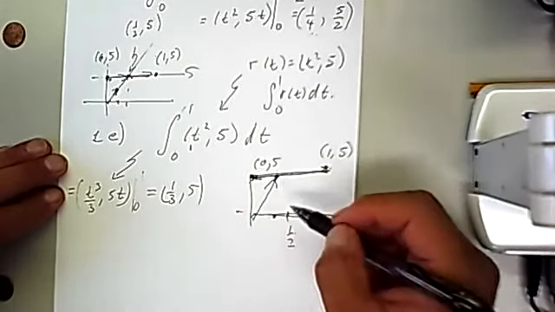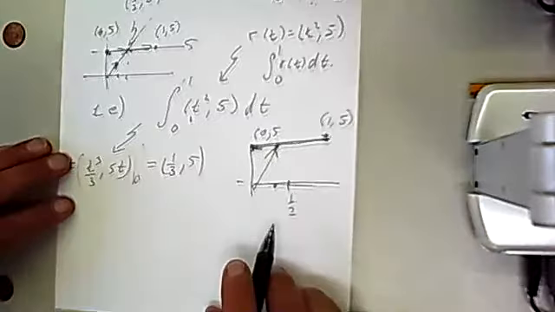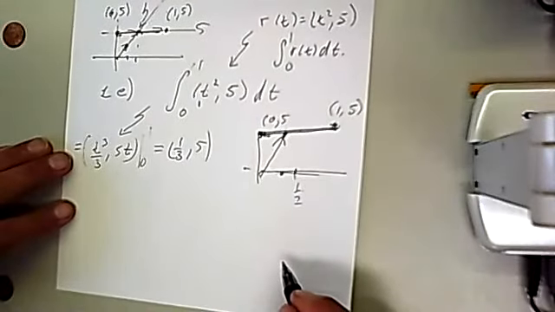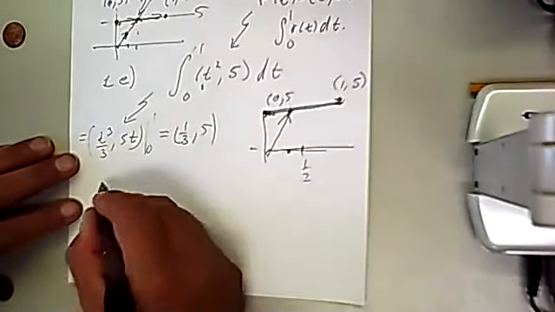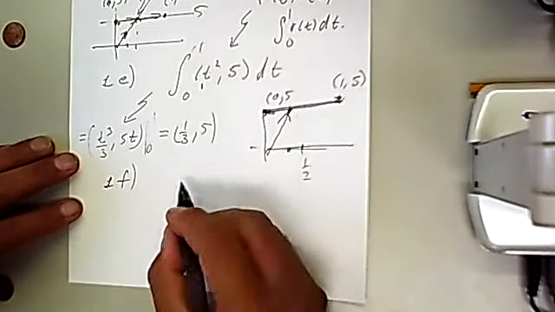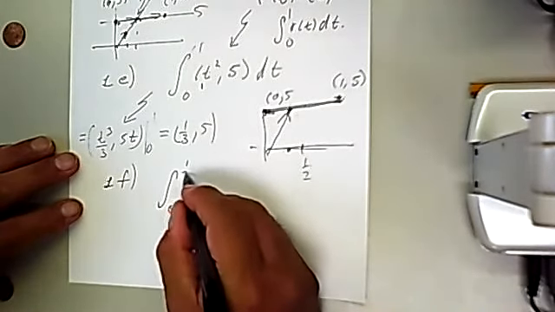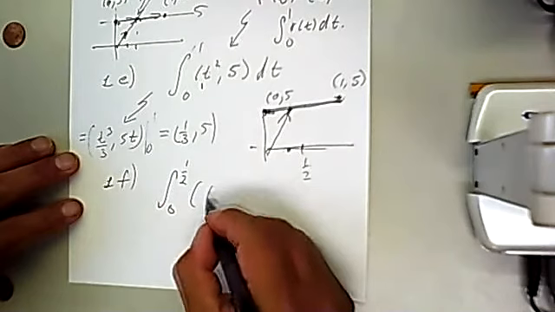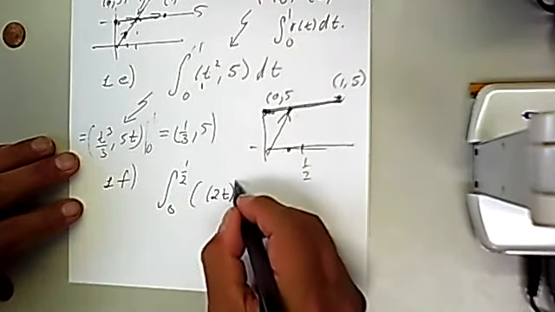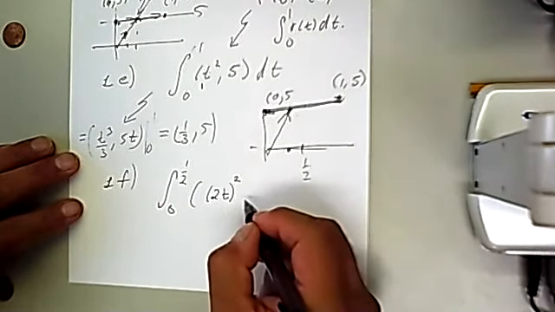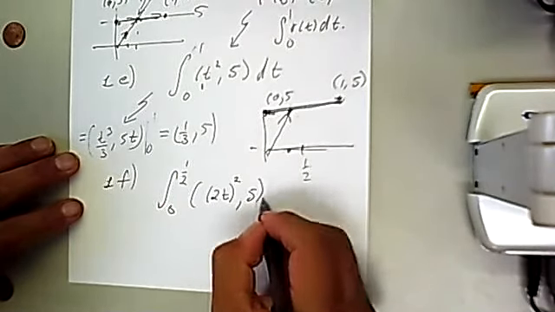Very, very interesting. And you can play with this. One thing that you could do, 1f, which I'm going to let you do on your own, is, for instance, the integral from 0 to a half of the quantity 2t squared, comma 5 dt.